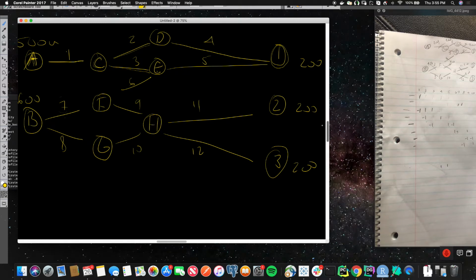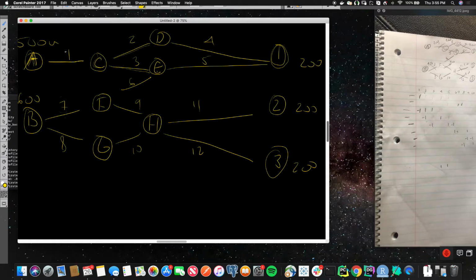And so the question is, how do we find the minimum cost? Well, the first thing that we would want to do is decide what we want to minimize, and that is the cost per unit of transporting these items.